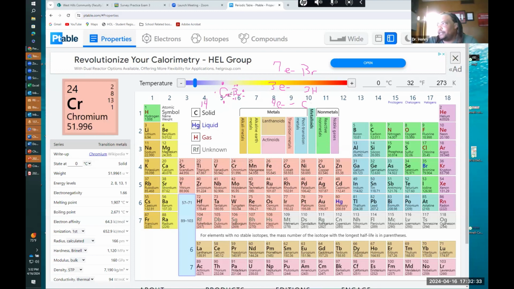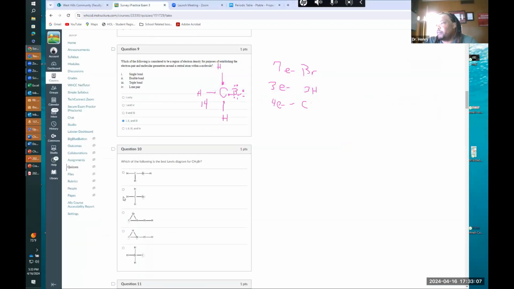That's going to form a bond here. Then we have how many hydrogens? 3, and they each have 1. So it is the one with the 1, 2, 3, 4, 5, 6. That would be number 2, right? Second one. Yeah.